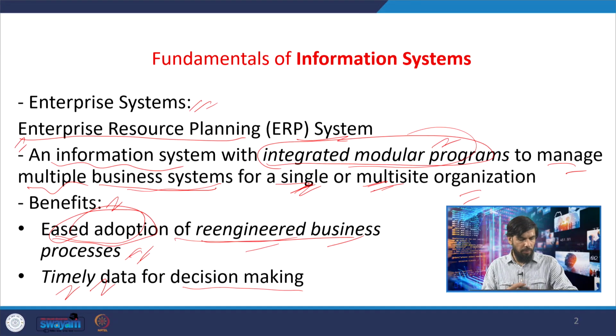ERP systems overcome this problem: you are not just having the TPS, you are covering all the business systems and functions, and the data is coming from finance, marketing, operations, sales, from every part of it. Therefore timely data is available, analysis can be done and a decision can be made. So, these are some important benefits of ERP systems.